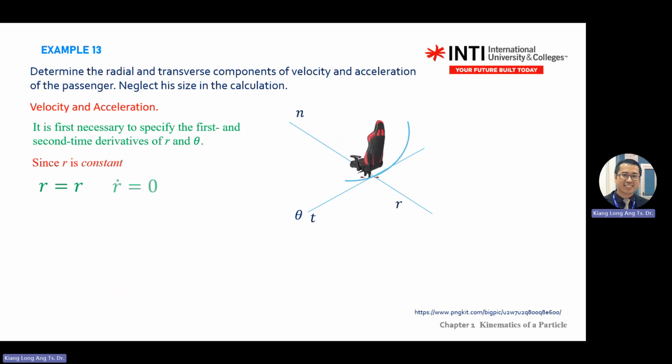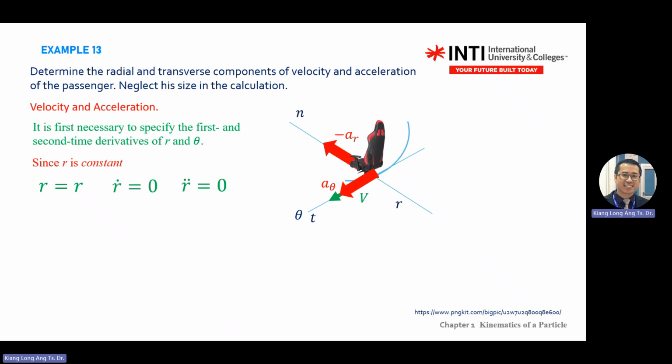So r is constant. Again, you need to find the r dot, r double dot, and so on. Then put in the r, a negative r. So in this case, your theta is moving this way. Why negative?